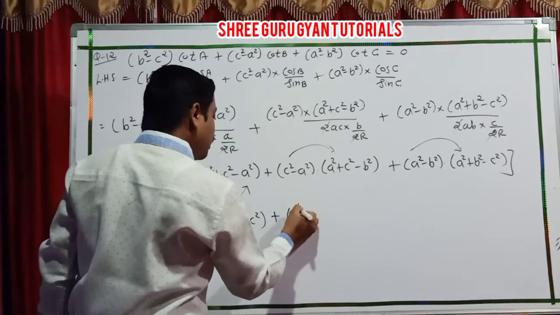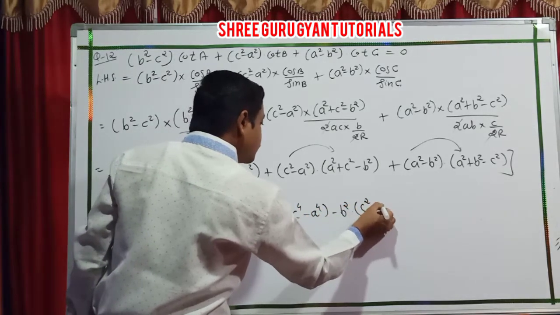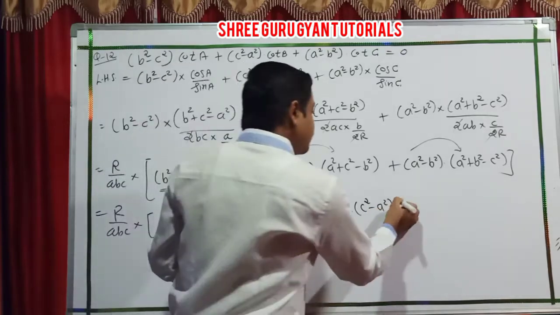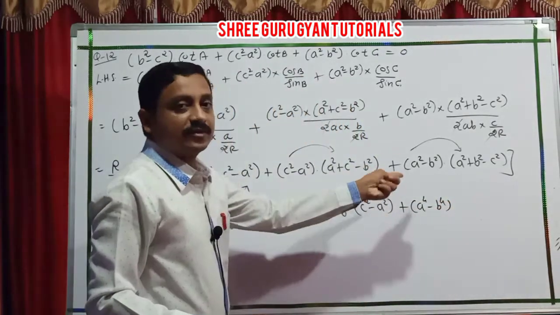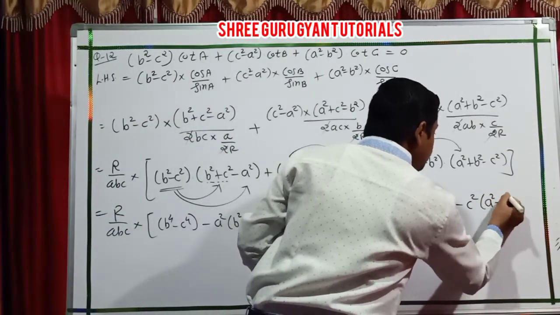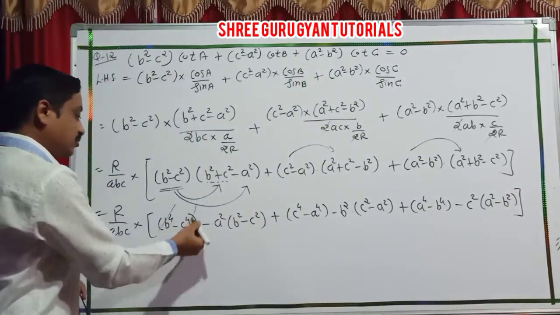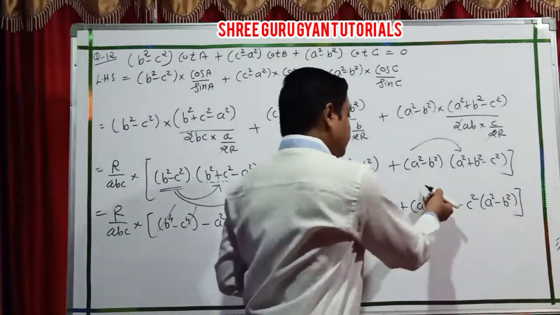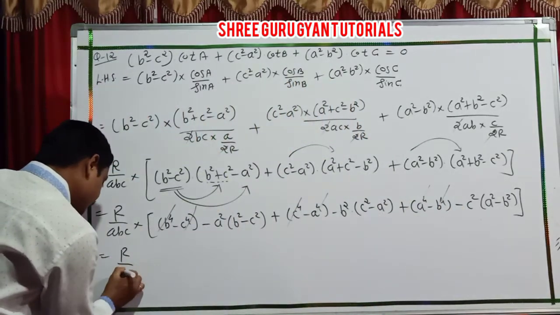Same here, c4 minus a4, minus b square, c square minus a square, and the last a4 minus b4, a square minus b square and a square plus b square, minus c square same. Here also same, a square b square. Now finally you get it. These are 4 parts that cancel and the remaining is r by abc.